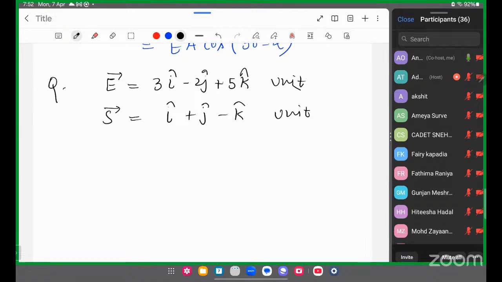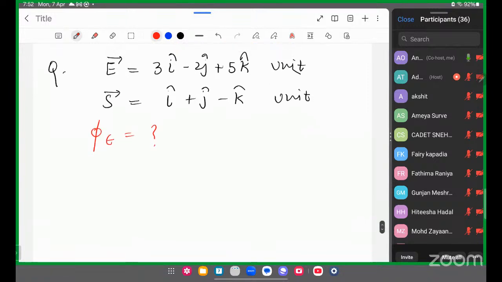And I am interested in phi E. What will be the value of phi E? Because both the quantities are given in vector form, we can use the definition of phi E in vector form. What is the formula for phi E in vector form? It's E dot A, that is electric field vector dot with area vector.